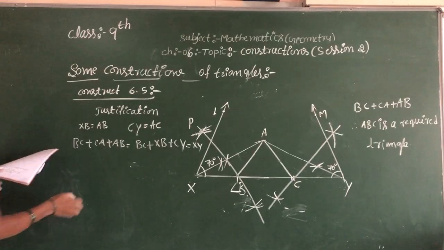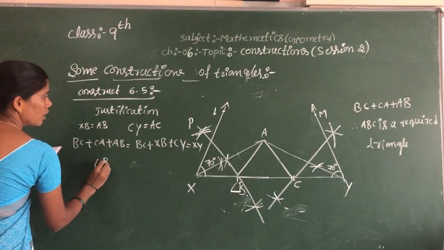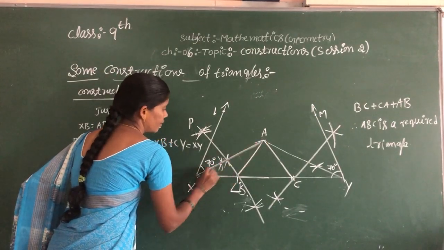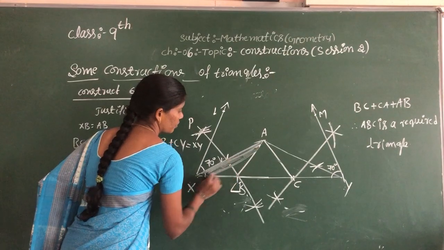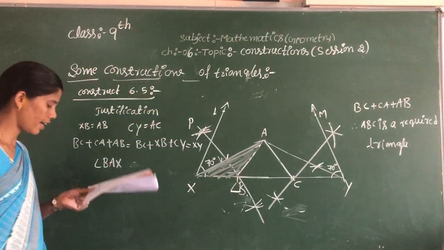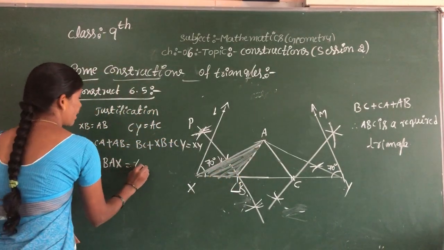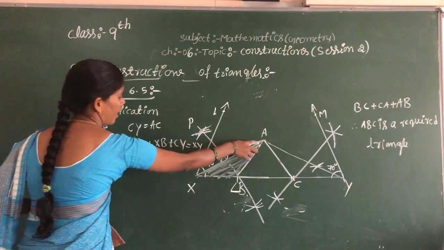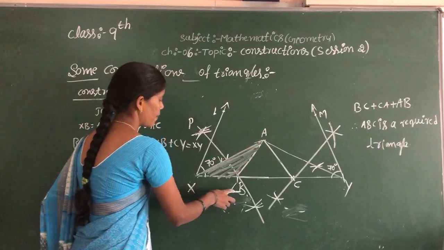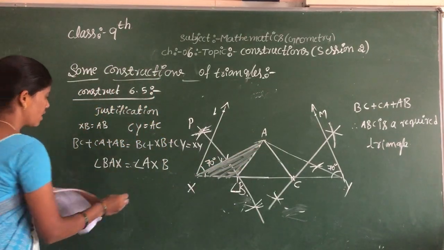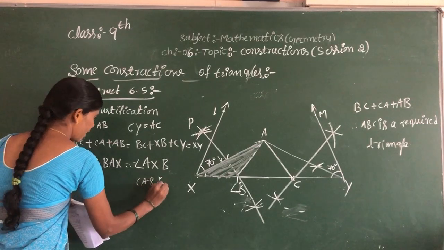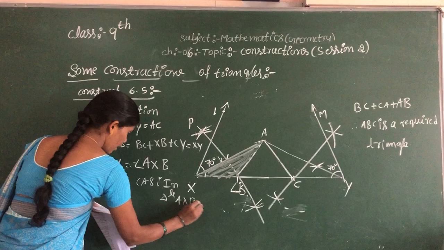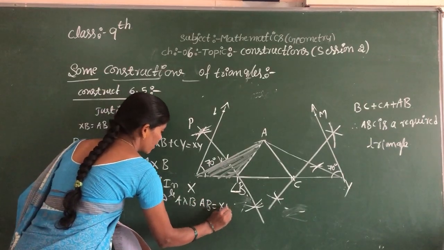Angle BAX is equal to angle AXB. In triangle AXB, AB is equal to XB.